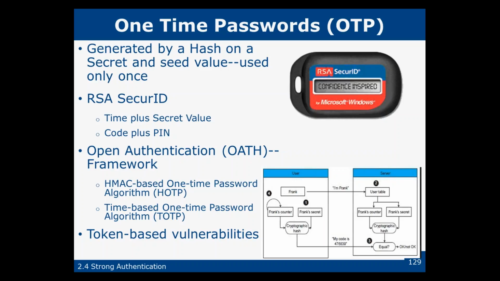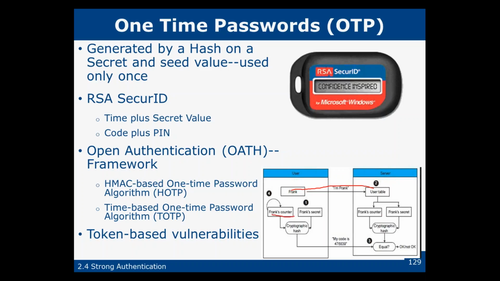HMAC, which is a hash based on a one-time password algorithm, so that's where the HOTP comes in, the HMAC one-time password, and then the time-based password. And what these things have is, over here, Frank wants to get authenticated, so user Frank is in the user table.